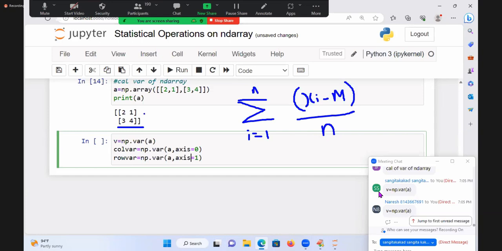Xi means each element of the matrix: 2 is x1, 1 is x2, 3 is x3, 4 is x4. What is this m? Mean. Whole square you need to write. Students, whole square, not just xi minus m. Are you following me? Xi minus m whole square to the power of N. Sigma indicates summation. Pi indicates product.